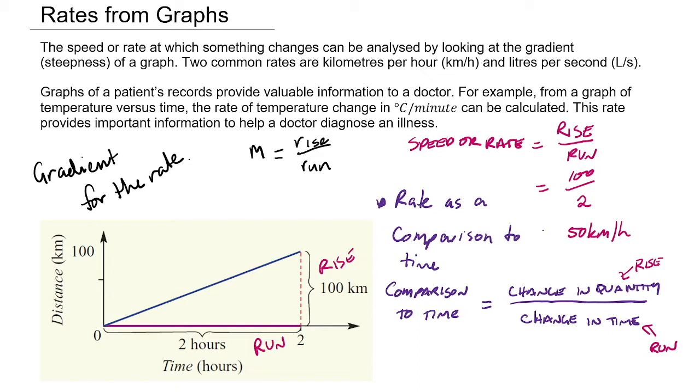We're usually looking at speed, sometimes temperature, and a couple of other different things. We're using the gradient on the linear parts of a distance time graph.